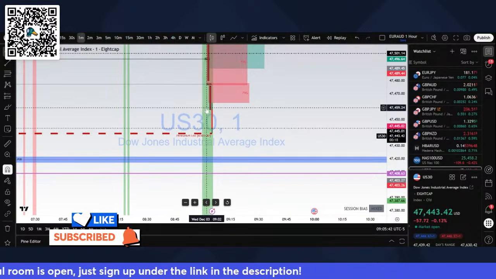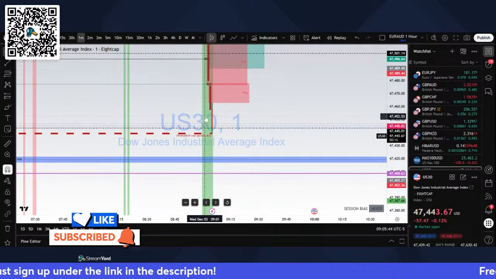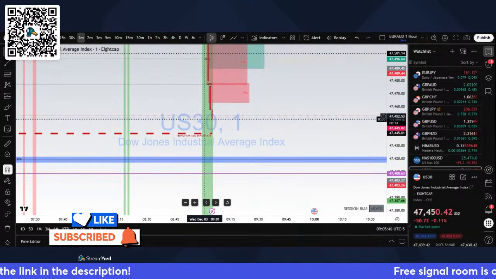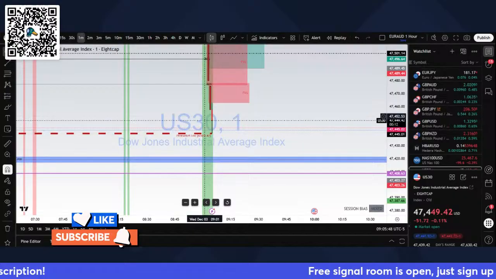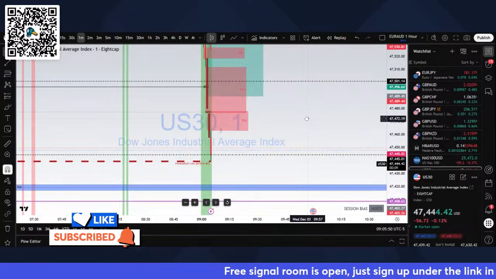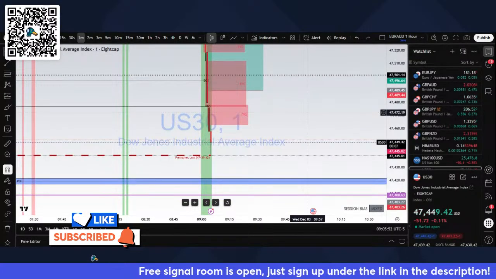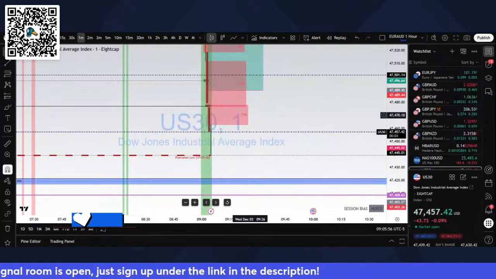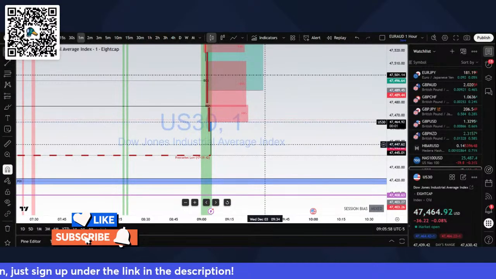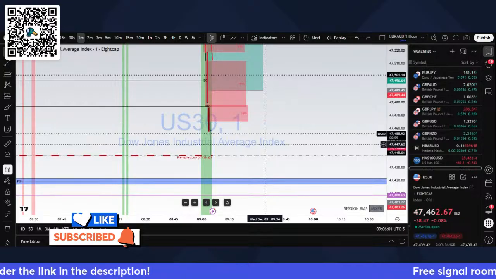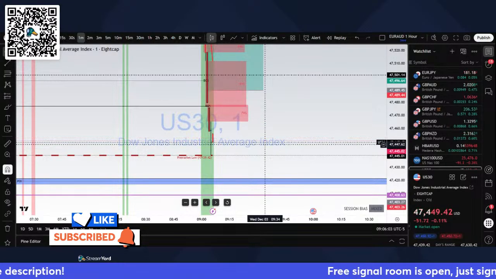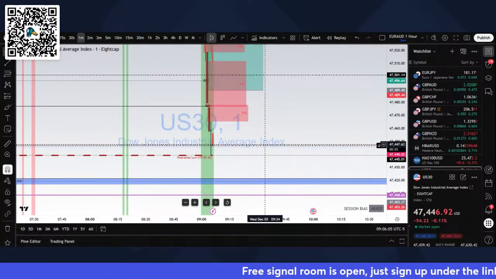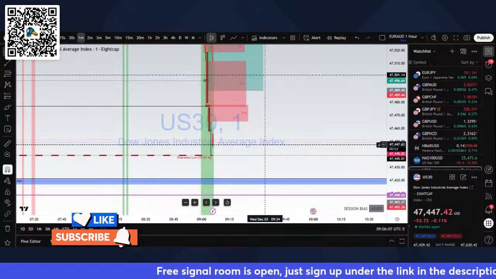But this is just another, what do you call it? A clue, if you will. It's like a clue telling us where we wanted to take a buy, and then this shows up. It's just an extra thing. I like it, and I'm leaving it on my chart just so you guys know. I wouldn't take a trade just based on that, guys.